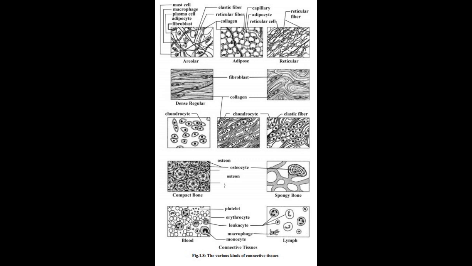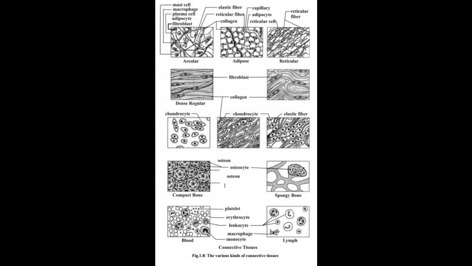2. Adipose tissue. Adipose tissue is a fairly loose connective tissue, containing large numbers of round-shaped, fat-storing cells called adipocytes which make up 90% of the tissue. Adipose tissue has a rich supply of blood and a high metabolic activity.